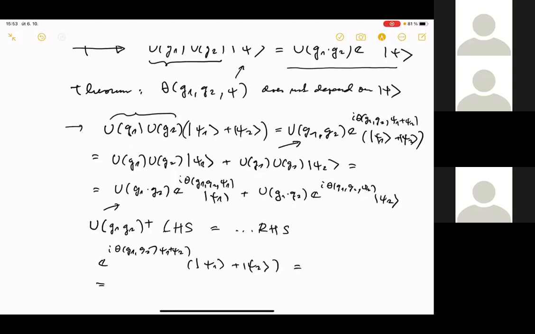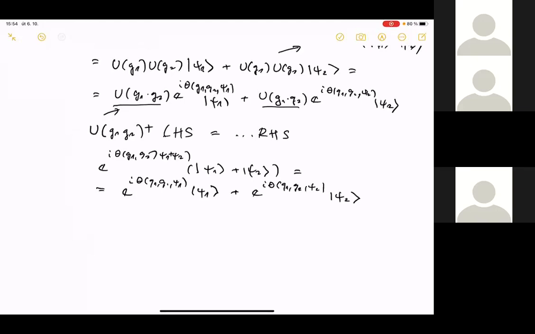On the right-hand side, using linearity or antilinearity of these operators, we obtain e to the i theta(G1, G2, psi1) times psi1 plus e to the i theta(G1, G2, psi2) times psi2.